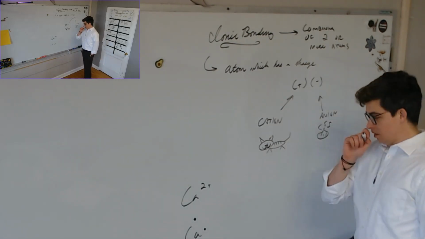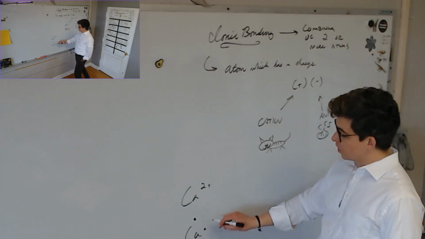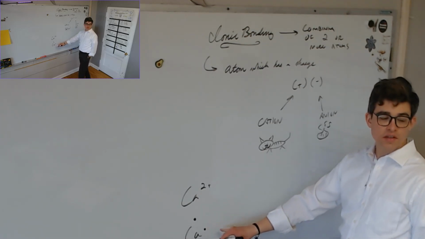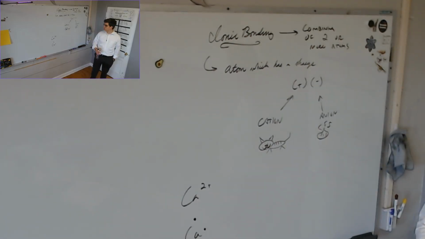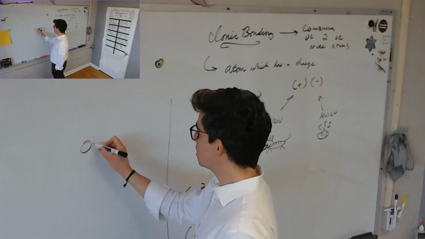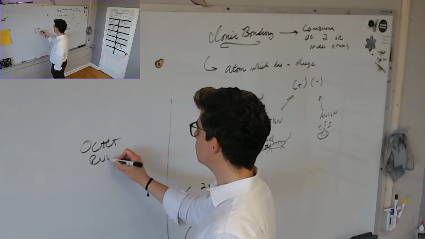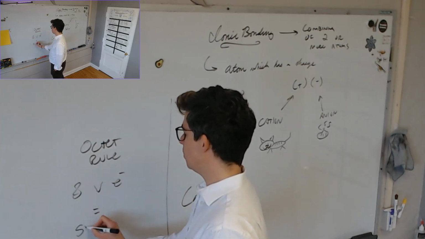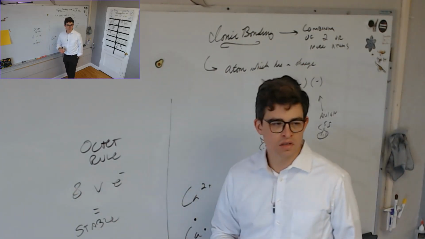Anyway, calcium will bond with another atom so that it can lose these 2 valence electrons. Remember, atoms are generally happier due to the octet rule when they have how many? 8 valence electrons. 8 valence electrons is stable, generally. Are there exceptions? Certainly.